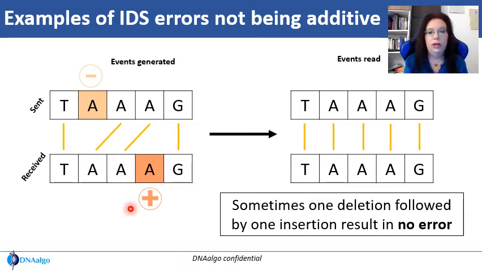So actually there were 2 errors, an insertion and a deletion. But what happens at the end is that we wanted to write T, A, G, and actually we read T, A, G. So one deletion followed by one insertion in this case results in no error, because the edit distance between these two strings is 0. So no error occurred.